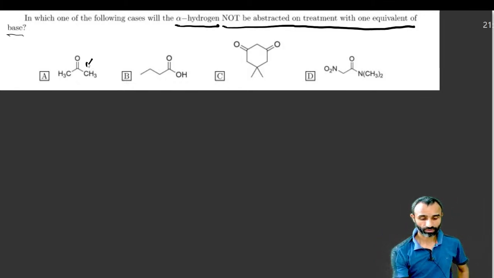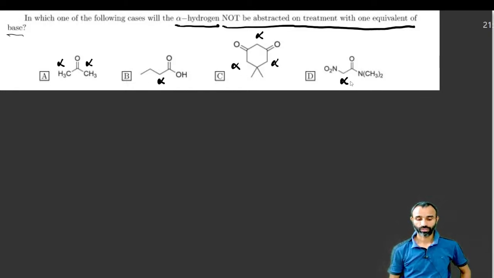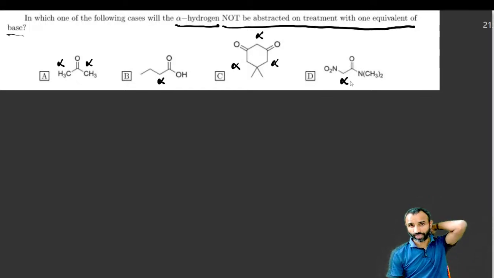There are alpha hydrogens, alpha hydrogens, alpha hydrogens. So tell me which alpha hydrogen is not abstracted when only one equivalent of base reacts.